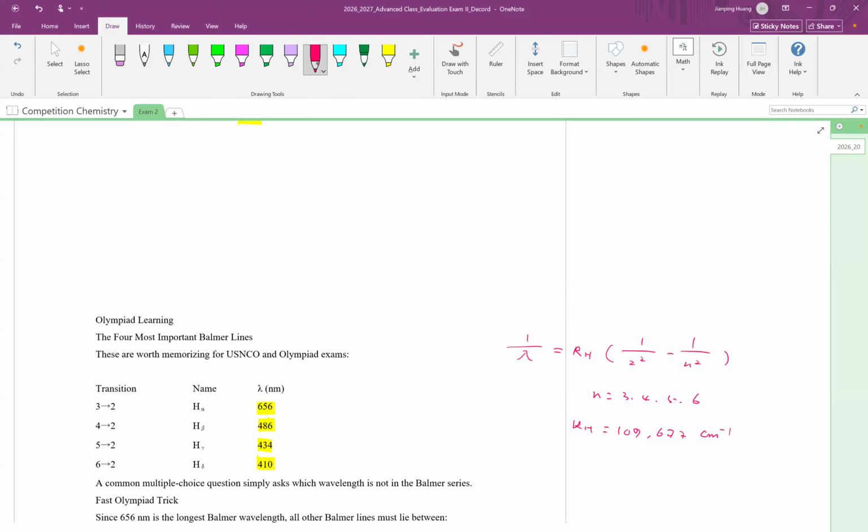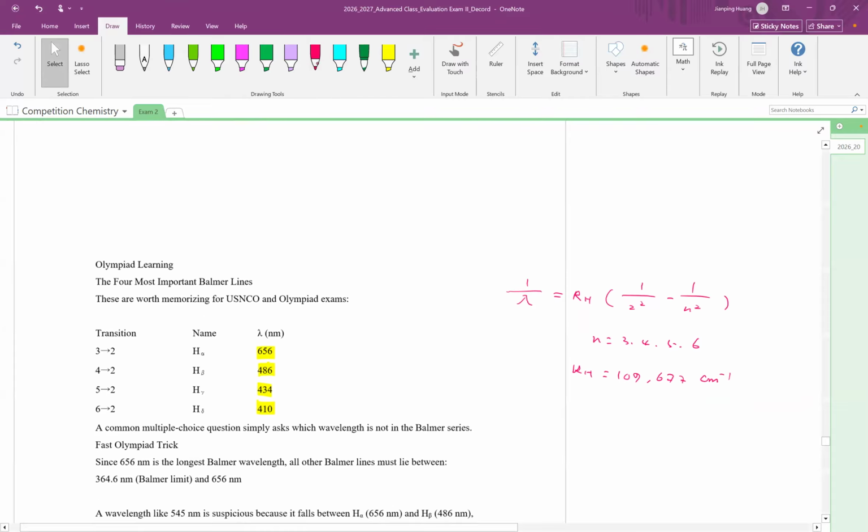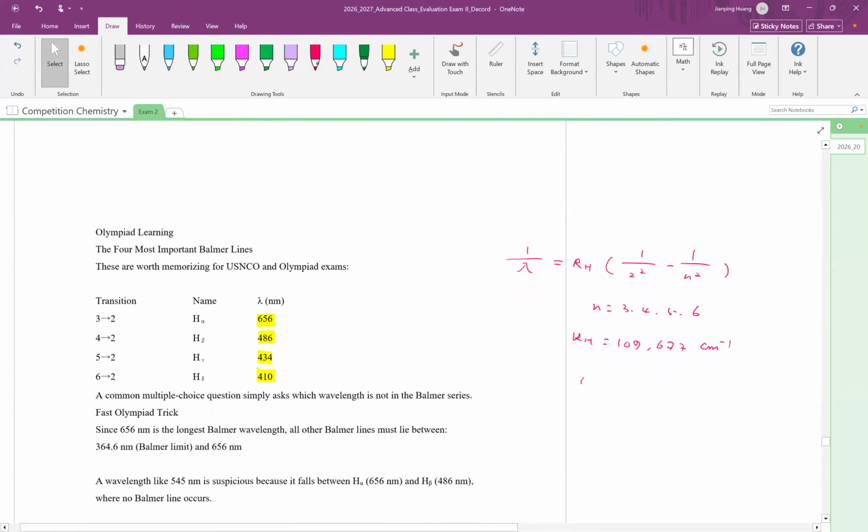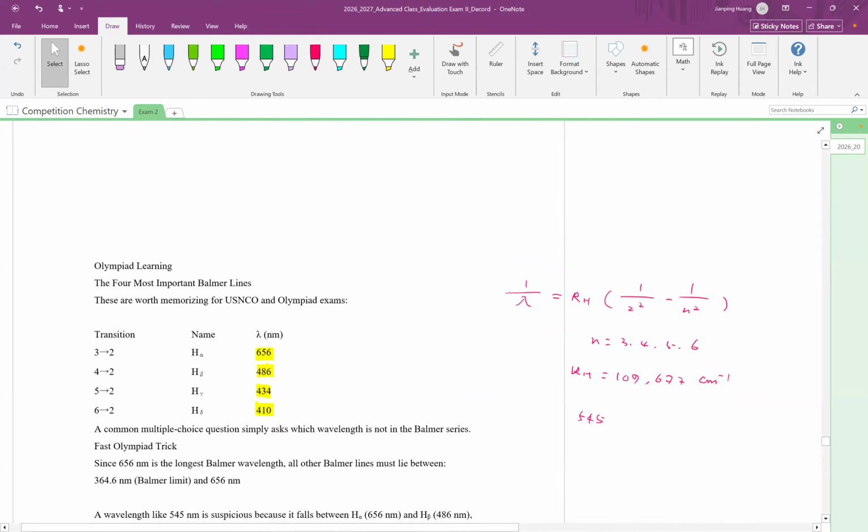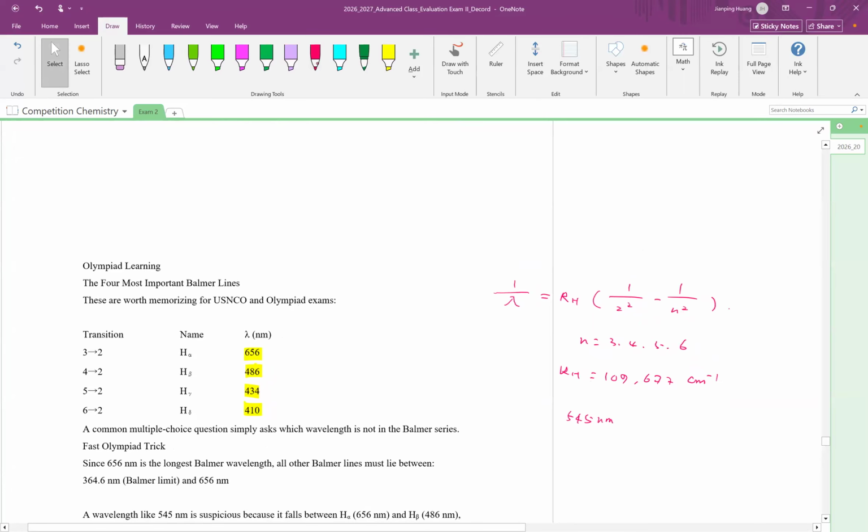Let me show you. If you said 545 is right, go back. If you said it is a Balmer line, what will happen? We use this equation. It's 1 over lambda, 1 over 656.